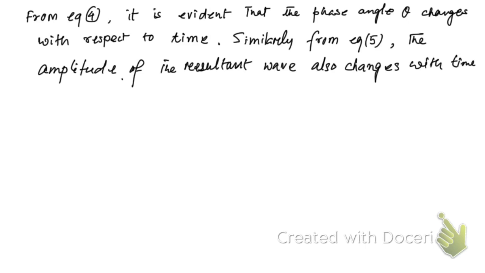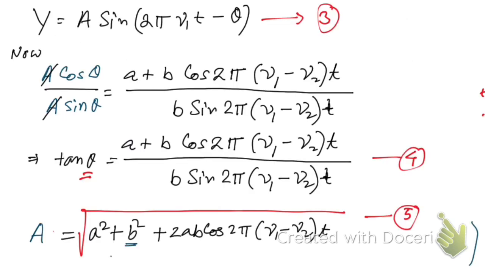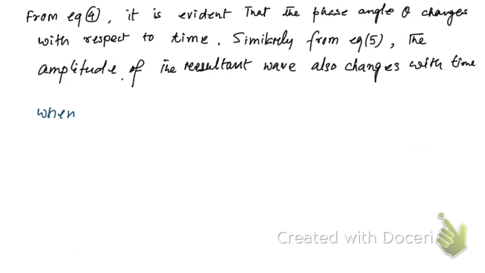So now you see, let me go back to the previous slide. So this result will be maximum when this part becomes equal to 1, when cos 2 pi (nu 1 minus nu 2) t becomes equal to 1, right?